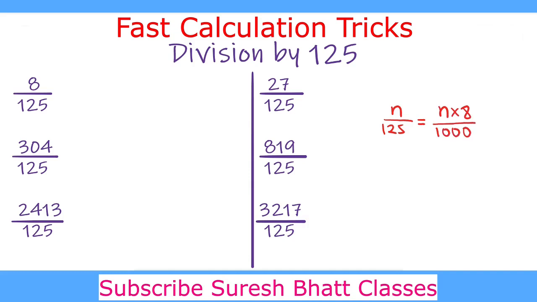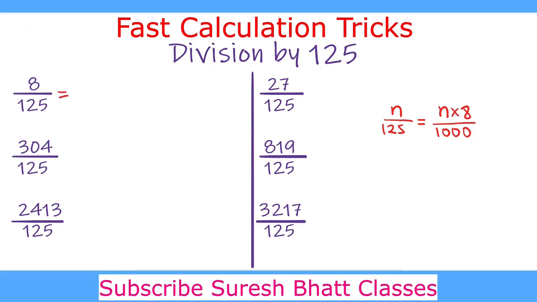And it is always easy to multiply by 8 rather than dividing it by 125. And when we divide it by 1000, we have just to put decimal after 3 digits from the right or from the end, and then we get our answer. We will learn it by few questions.